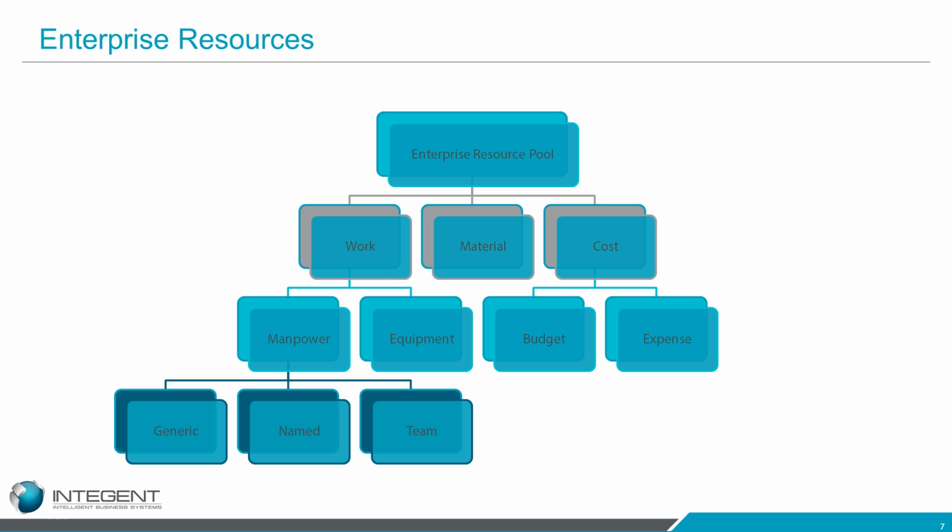The named resources are exactly that. They are the actual person that you will be assigning a task to in your project plan. Teams, I'll get to this in just a few moments, but the idea is that instead of selecting an individual resource to work on a task, you are assigning it to a team.